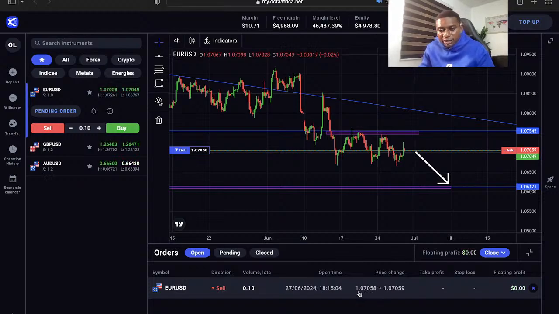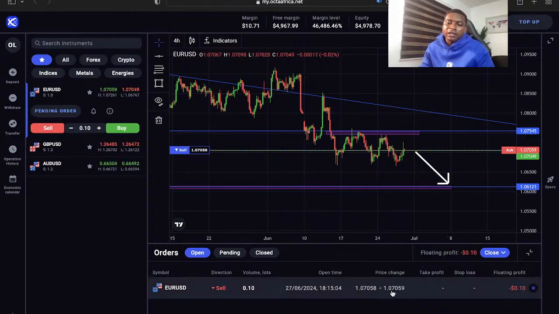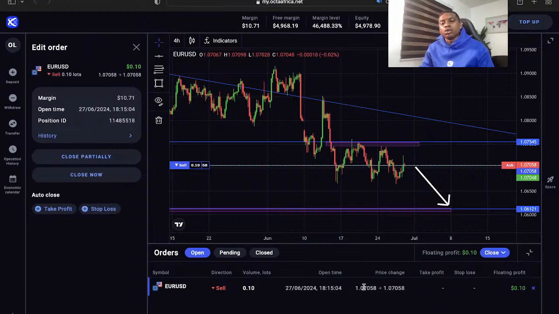I sold at 1.070058. As price keeps moving farther below it, this price level will be changing, showing me the difference between where I sold and the current price.